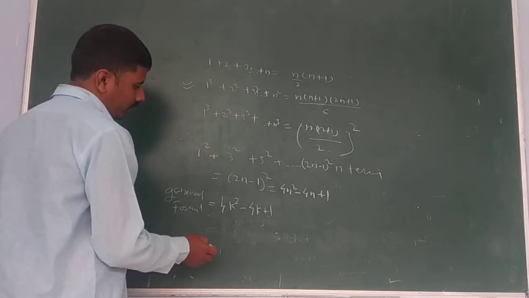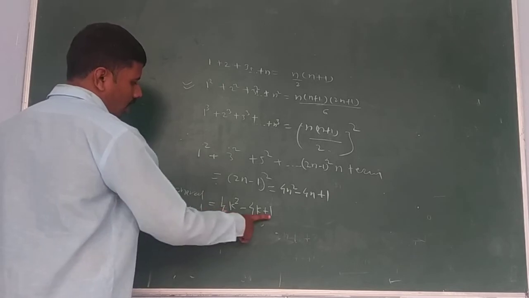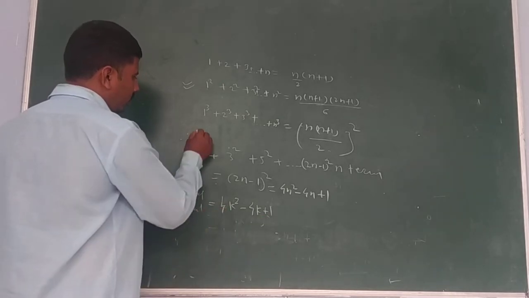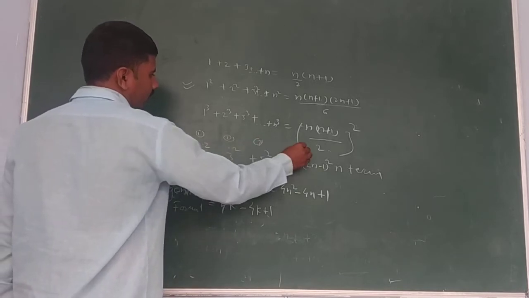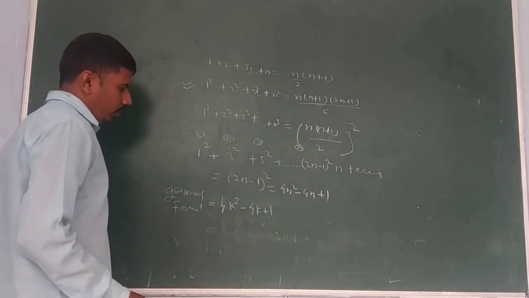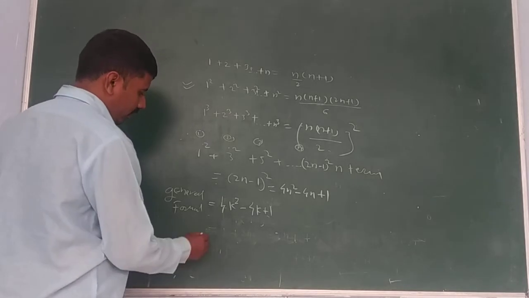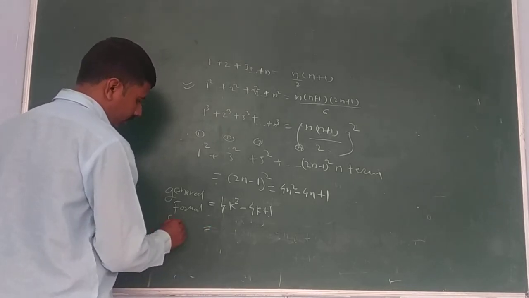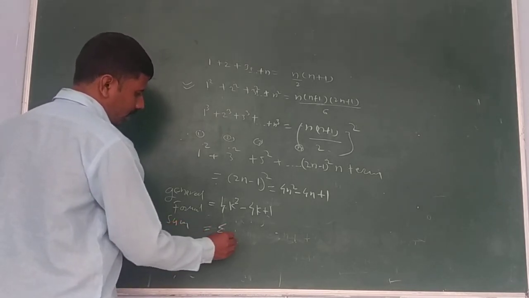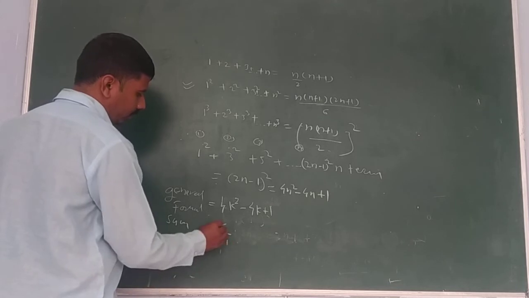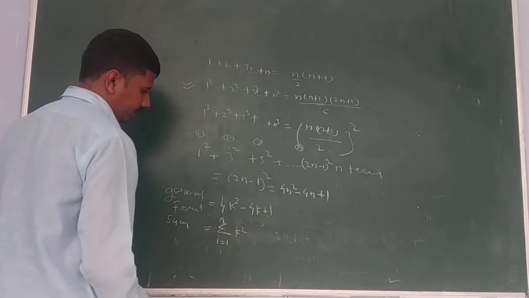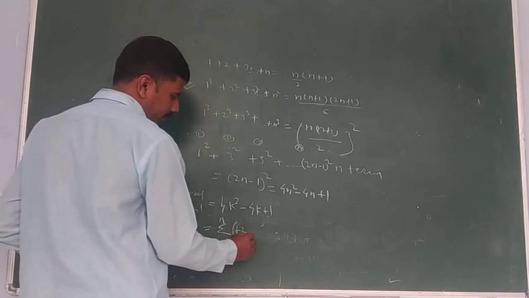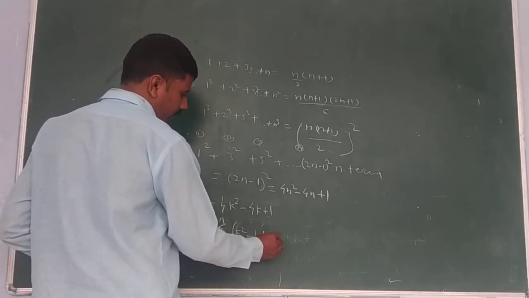So we have to make the summation of all these terms starting from 1 to n. Whatever formula we learned just now, we have to apply here. The sum will be the summation from k equal to 1 to n of 4k square minus 4k plus 1.